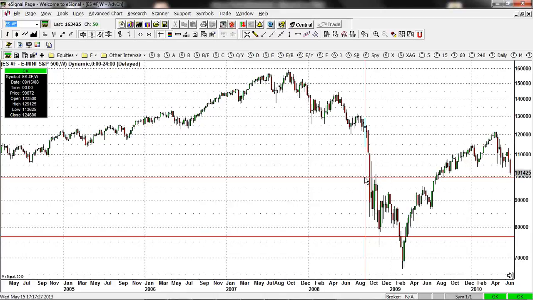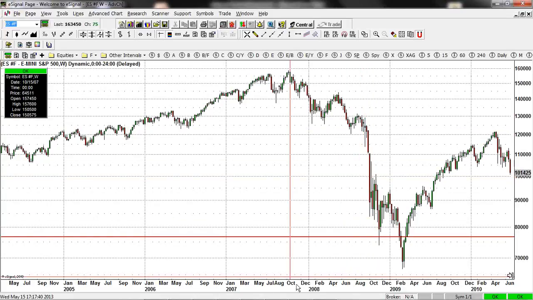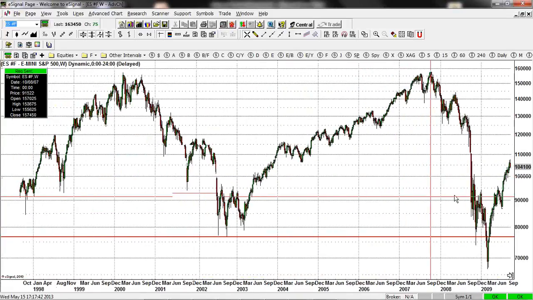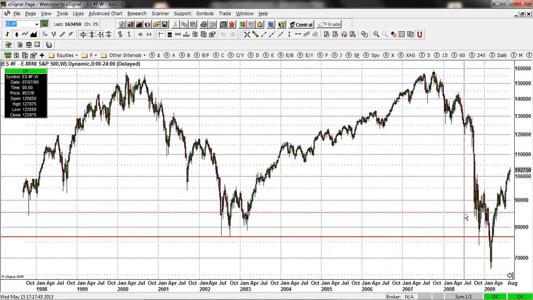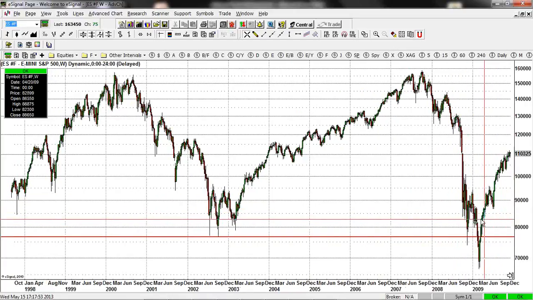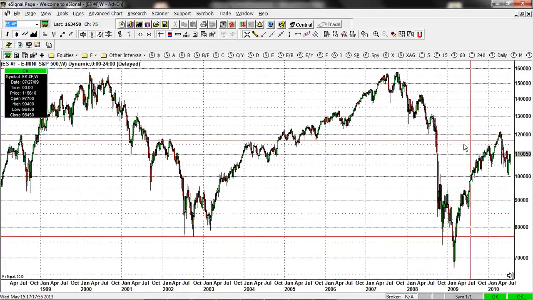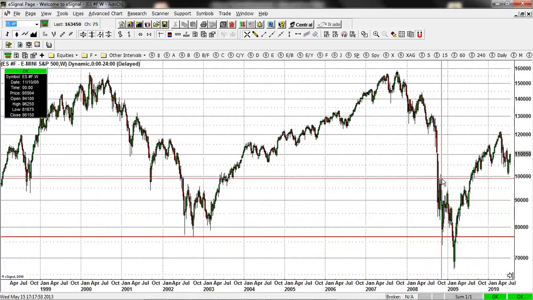And it brings up what I like to call multiple time frame investing, that some people may hold an index. For example, they may see a buy signal here on the S&P 500 and they will purchase it on the weekly chart. And I use this strategy myself. Make a purchase on the weekly chart and use the daily chart to trade maybe the S&P 500 or the Dow Jones Industrial Average.